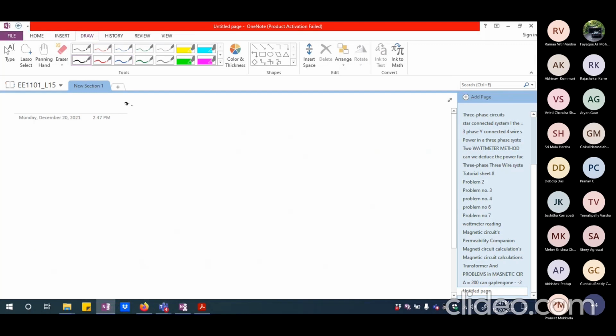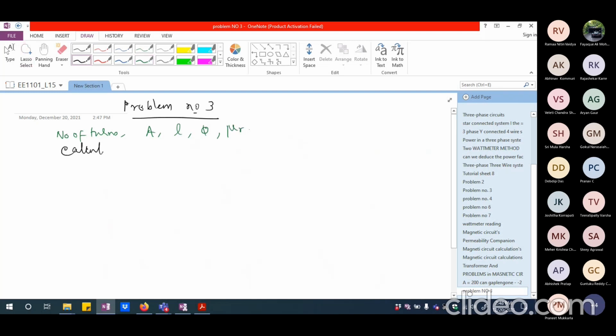So this is problem number 3. What is given is the number of turns, the area of cross section, the length of the magnetic circuit, the flux, and mu R. All these things are given.